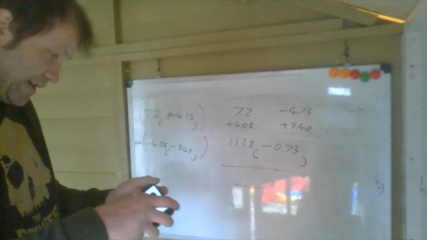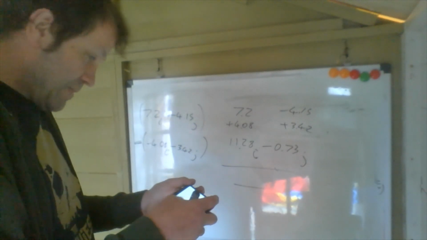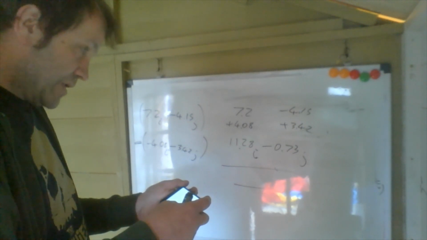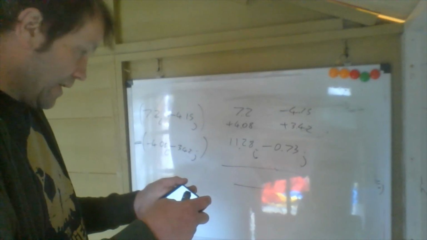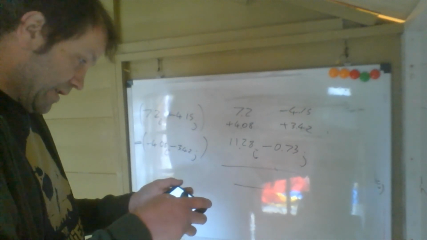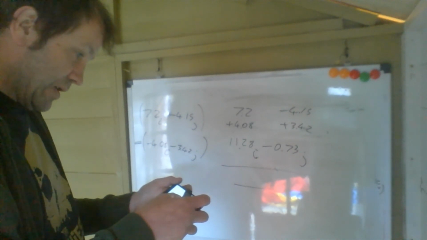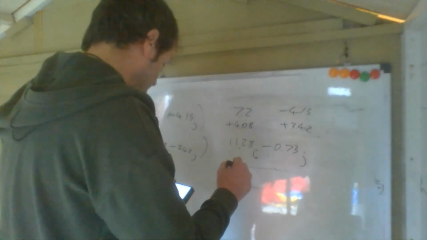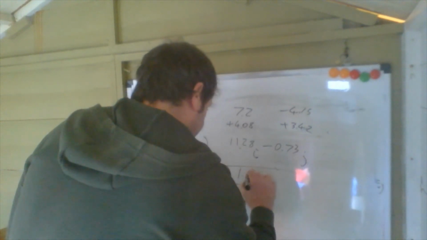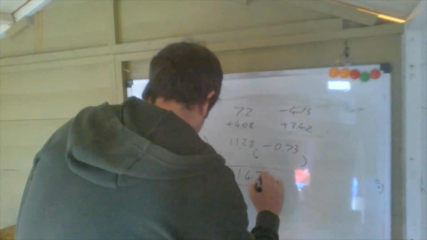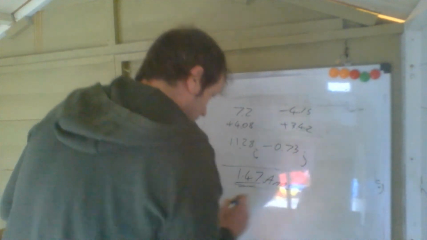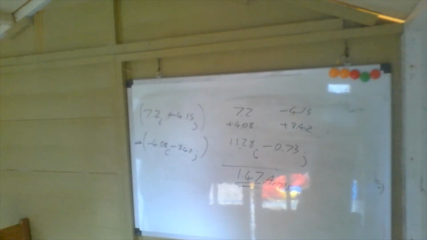So what we're looking at then, the square root of 11.28 squared plus 0.73 squared, and that'll give you, for this one, 11.3 amps.